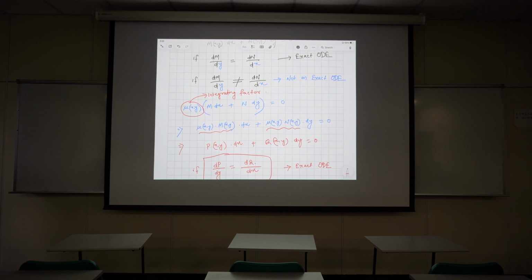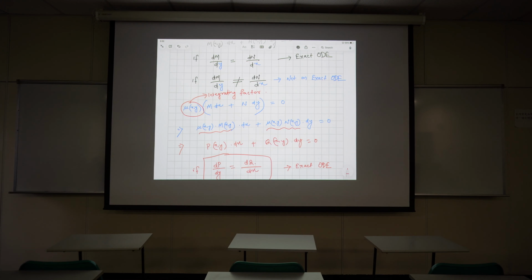So this is what exactly we are looking for. When we test the ODE and we find that the ODE is not an exact ODE, we need to find a function. That function is called the integrating factor.